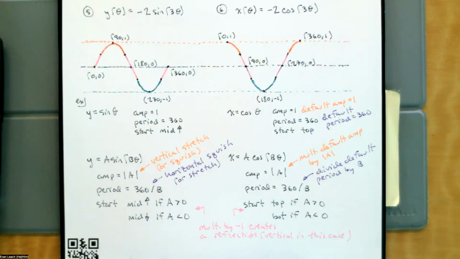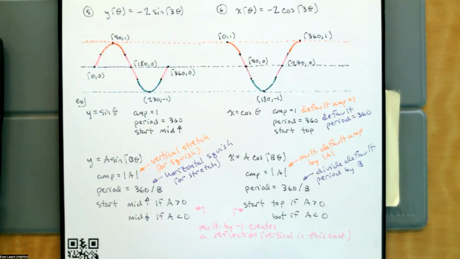The other thing that could happen is that we could be multiplying by a negative 1. Specifically, I care about having A be negative. So that will determine where our start is. If A is positive, then we start at our normal default places. The sine starts at the middle going up if A is positive, and the cosine starts at the top if A is positive.